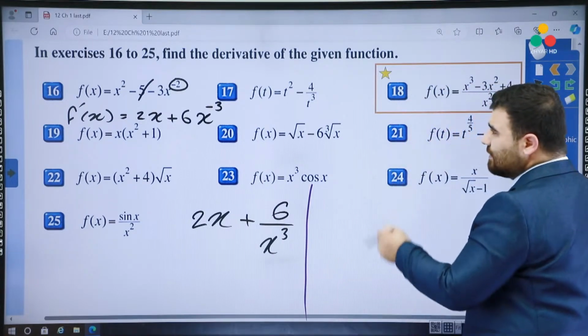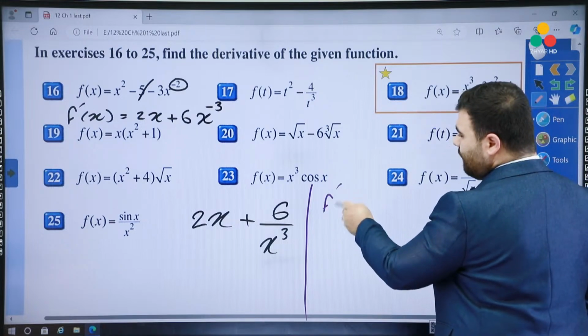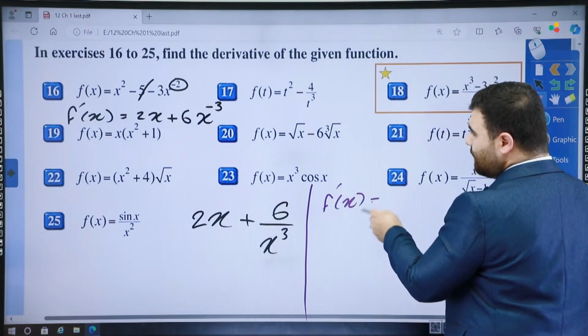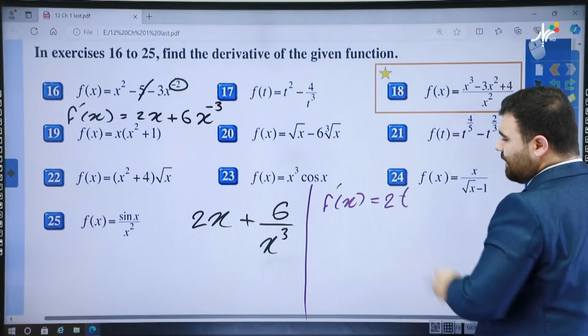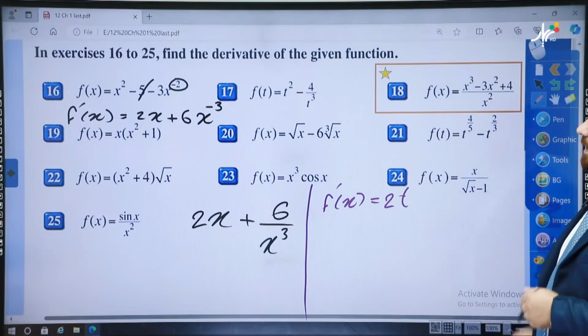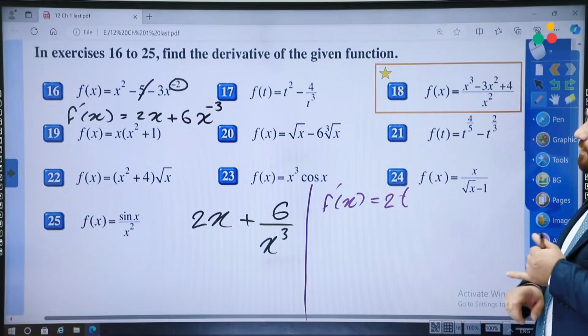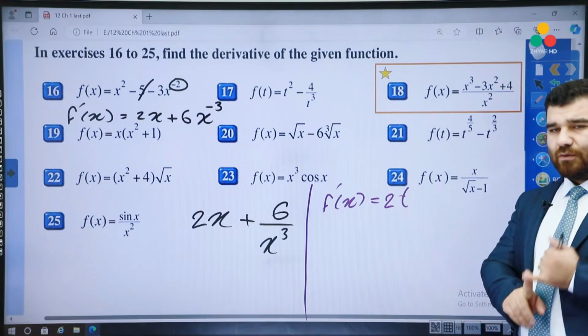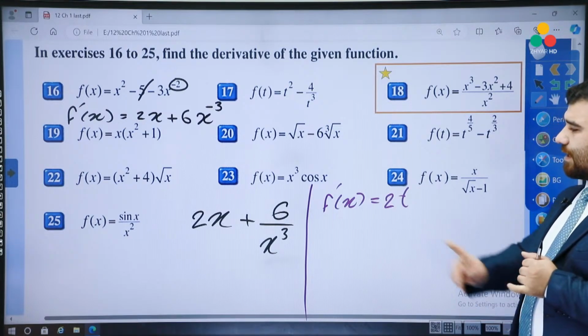T squared is simple. F prime of t squared becomes 2t. That's obvious. But negative 4 over t power 3, we either need to use the fraction rule or the idea.